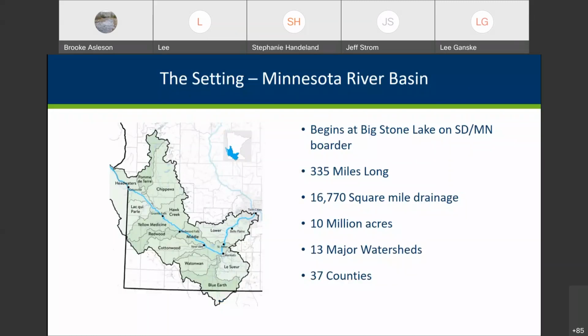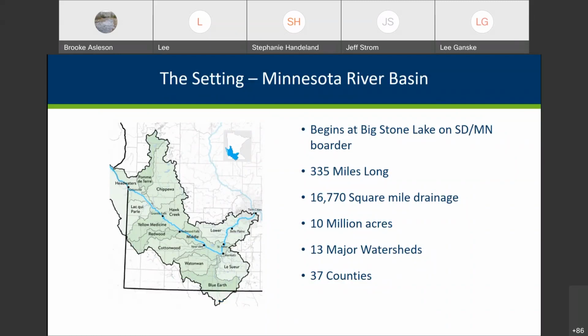Okay, so I kind of want to start with the setting of the Minnesota River. As many of you know, this is one of the 5 large rivers that we consider large rivers in Minnesota. The river originates on the South Dakota-Minnesota border over by Ortonville.